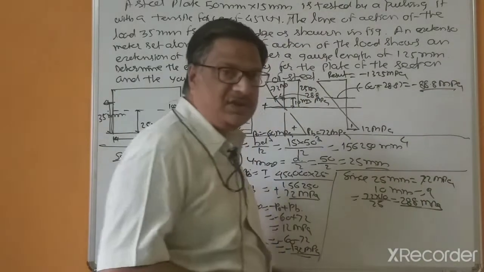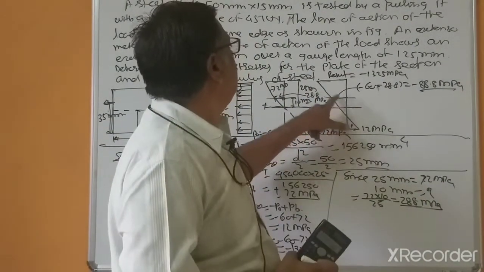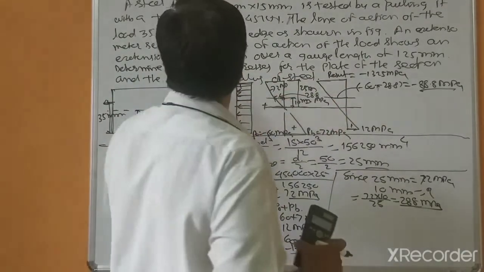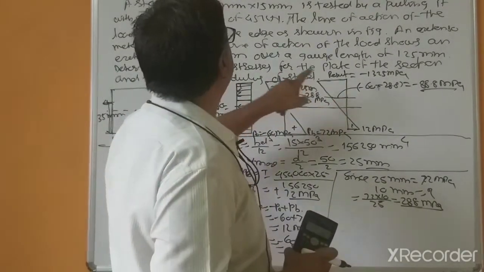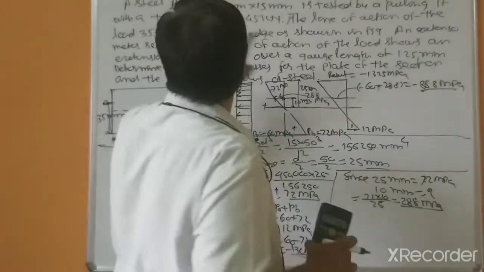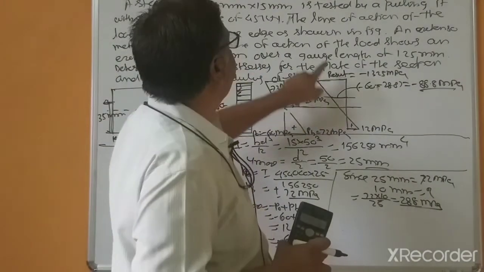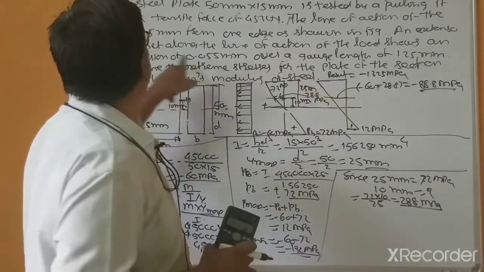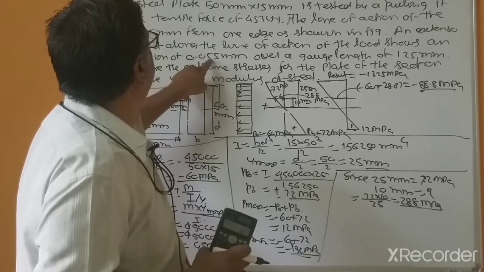So actually this is the last part: determine the extreme stresses for the plate sections and Young's modulus of the steel. Because an extensometer is set along the line of action of the load, as shown, extension 0.05 mm.